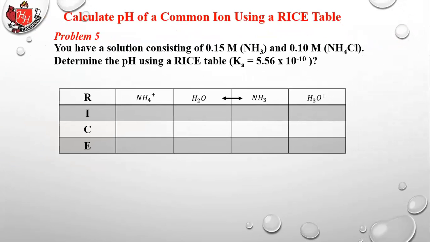Okay, new problem. Calculate pH of a common ion using an ICE table. Okay, so this is similar to the last one. So you have a solution containing 0.15 molar NH3, that's ammonia. Now, you just kind of learn to recognize some of these common bases, ones that you see a lot. NH3, ammonia, is a base. So what is its conjugate acid? Well, since it's a base, it accepts a proton.